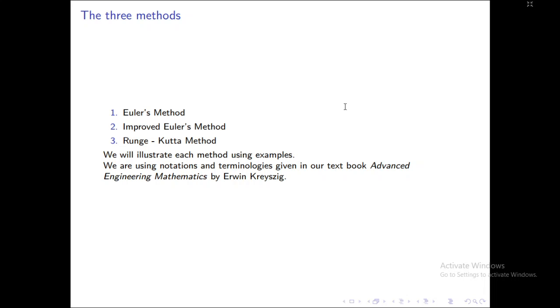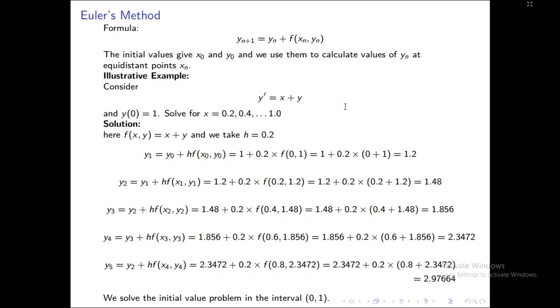We are following the textbook by Erwin Kreyszig named Advanced Engineering Mathematics, and we try to follow the methods, representations and terminologies used in this particular textbook. Then we start with the simplest one, Euler's method.